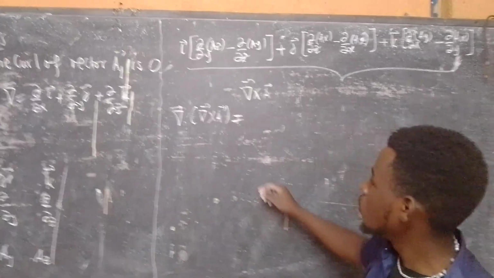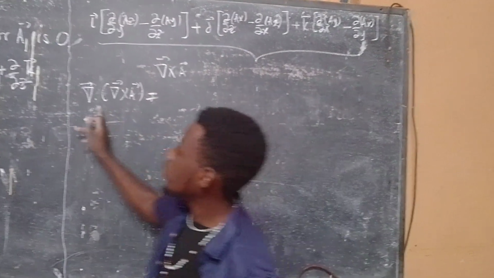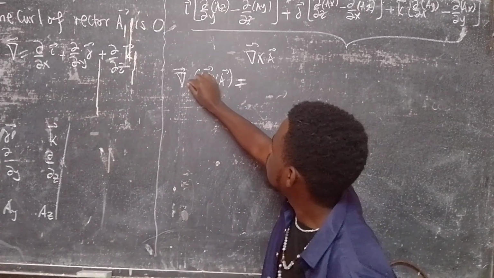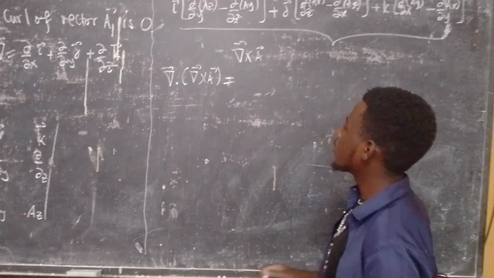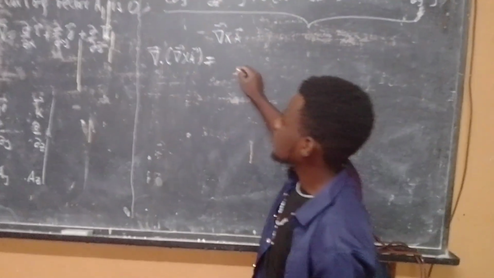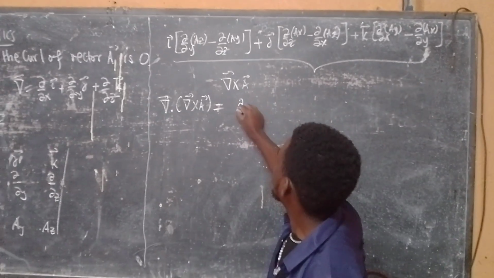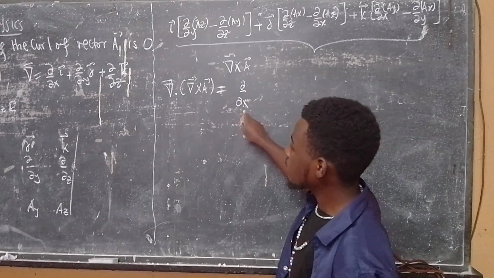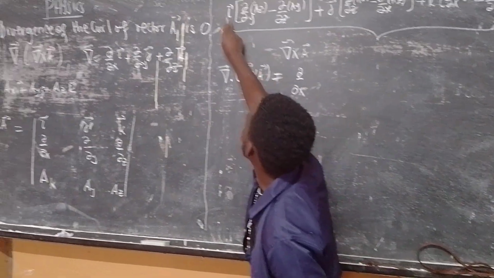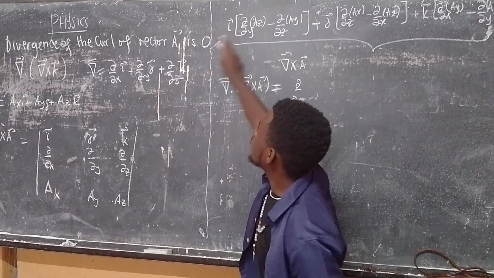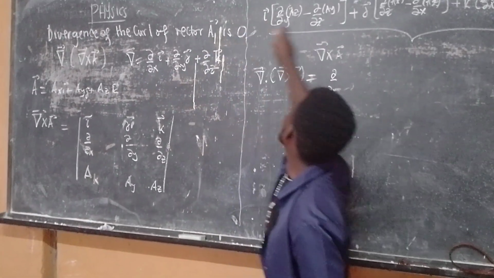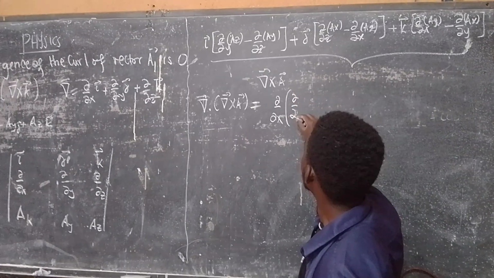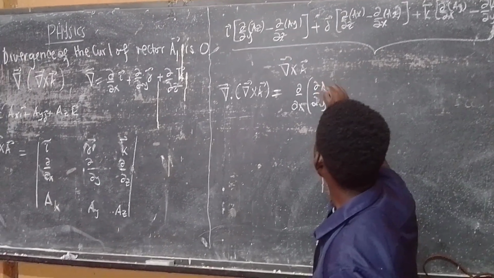This will be equal to, remember we have this one here. So I'm going to dot it with this vector that we have done here. It's going to be partial differentiation with respect to x. It's going to go with this one of i. The component of i on this side, we're going to put them together.